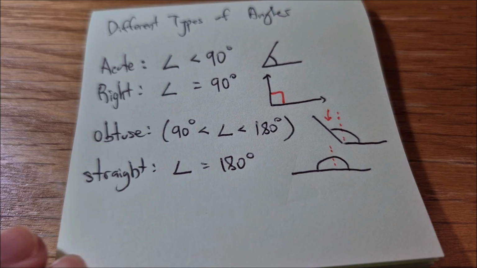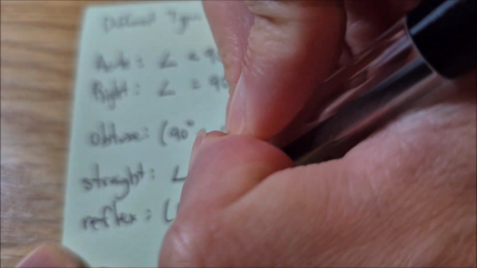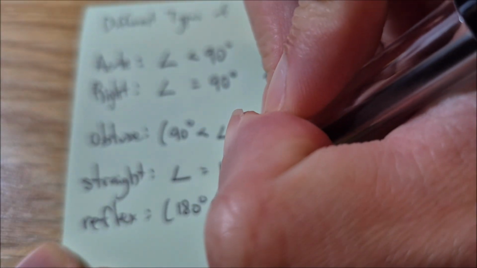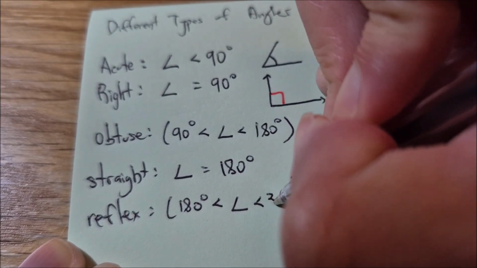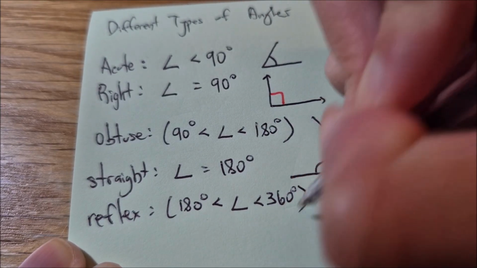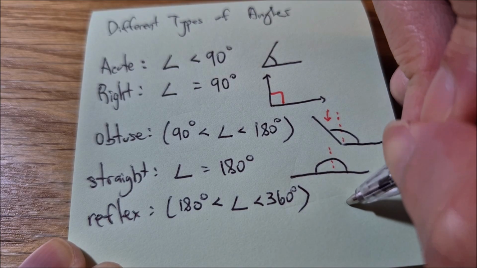The next one is what's called the reflex angle, and this is between 180 degrees and 360, and it looks something like this.